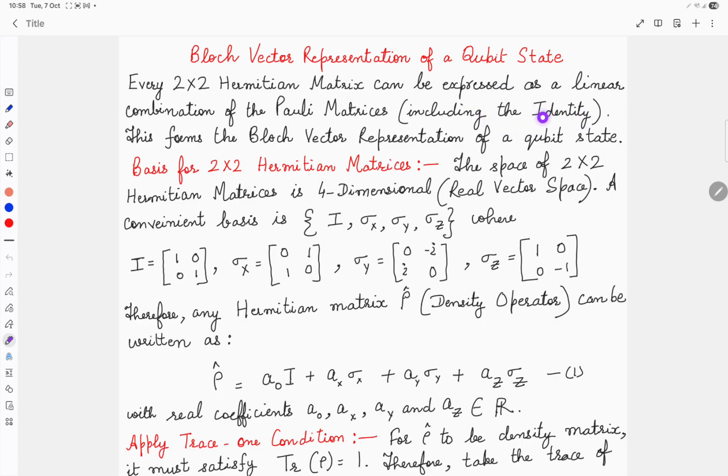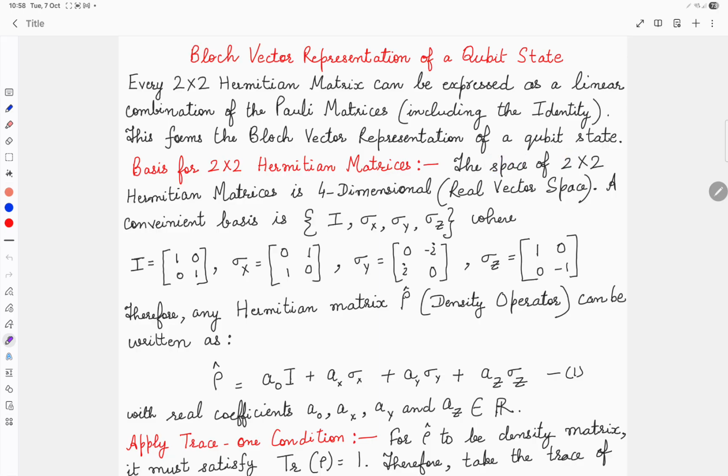So there will be 4 matrices: Pauli X, Pauli Y, Pauli Z and the identity matrix, and these 4 matrices can be used to represent any 2 cross 2 Hermitian matrix as a linear combination of these Pauli matrices. Now this will form the Bloch vector representation of the qubit state.